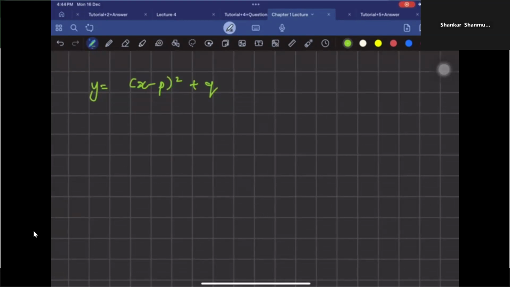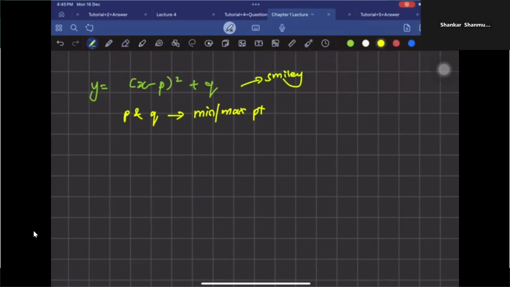Just note that, okay, actually I'll draw it here. Your point P and Q represents your minimum or maximum point. Okay? So in this case, since the coefficient of x square is a positive value, it would be a smiley face graph, okay?